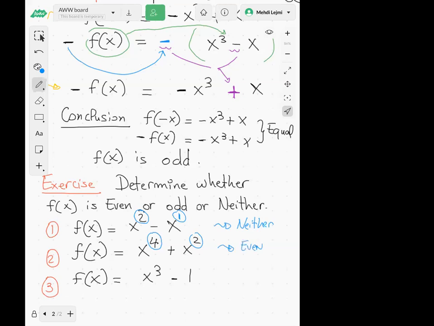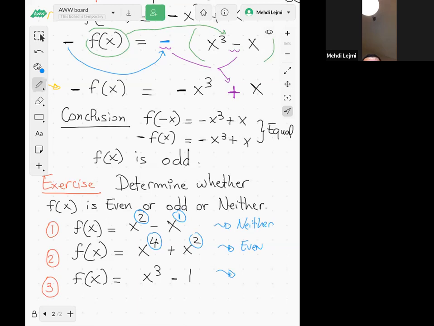What about number 3? I think in the answers in the chat, all of you said it's not odd, and it's not even, so it's neither. If you check the powers, here this is an odd power. What about 1?